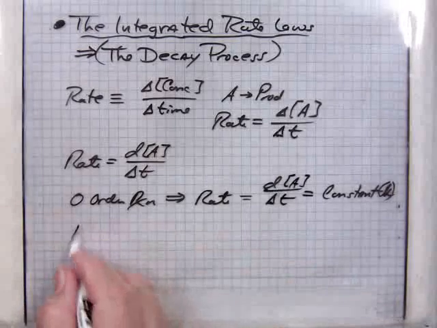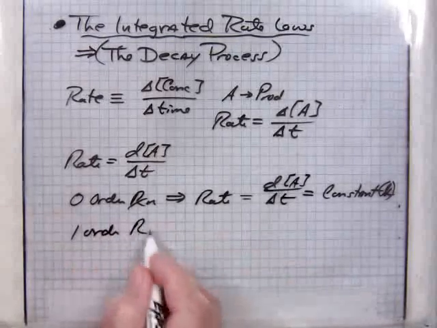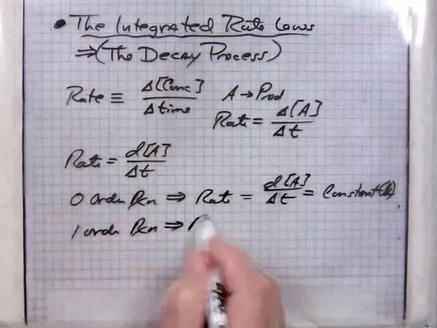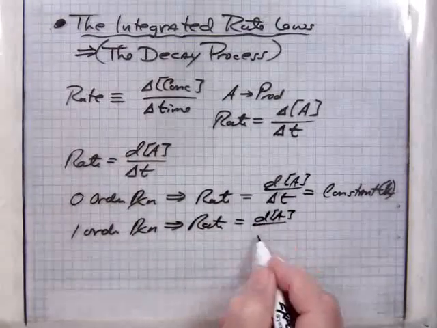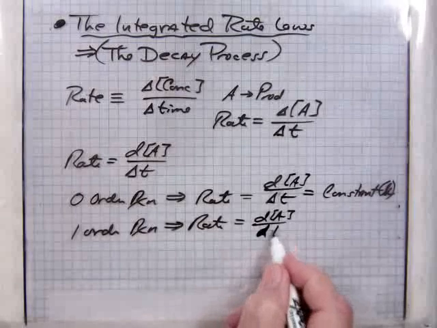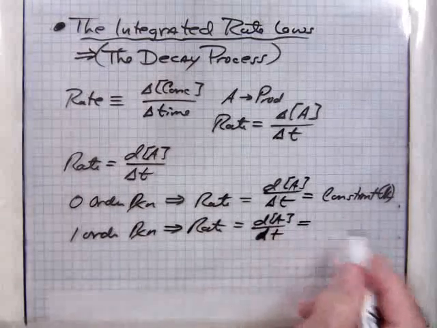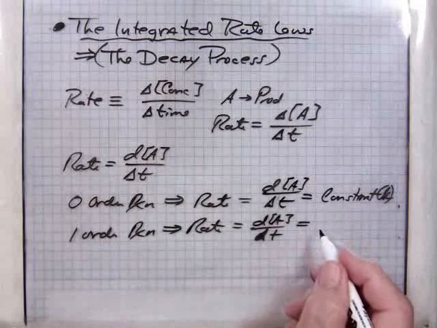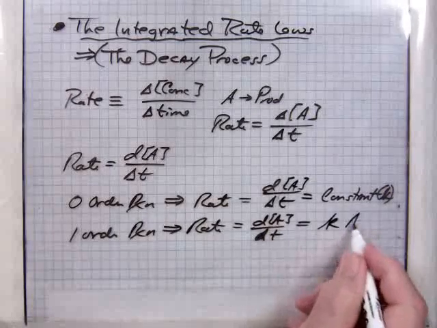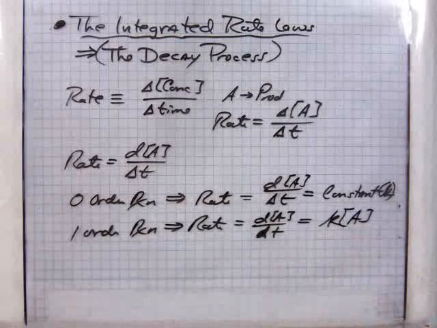If it's a first order reaction, rate is dA over dt, it should be dt, not delta T, equal to K times the concentration of A as you go along.